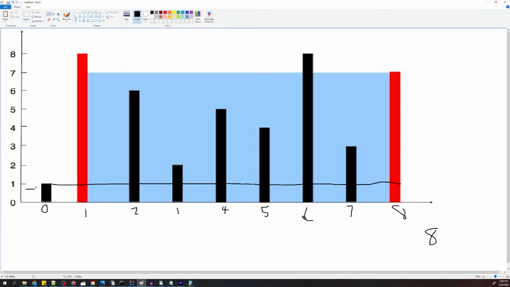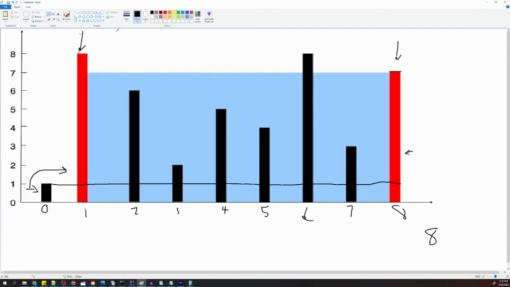Now, at this point, what we want to do is say whichever one is the shortest between these two, we want to increment that pointer so that we move to the next one. Then we figure out which one's the shortest between the two we're currently at. The shortest one is the one where water will stay in without overflowing.